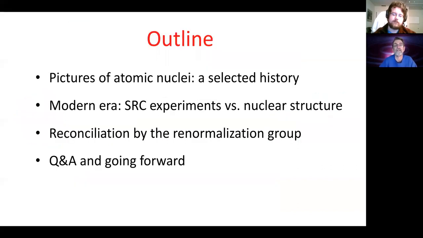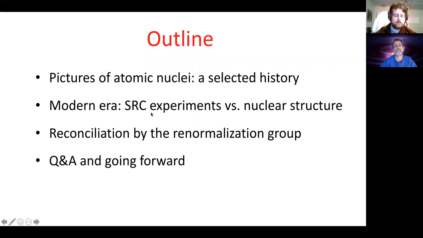Okay, so what I wanted to tell you about is how we have these different pictures of how the nucleus looks, and we use that to guide our intuition about what kind of experiments we want to do and how to interpret them. So I'm going to give a very brief history, just a couple of stops on the way to what the modern picture is.